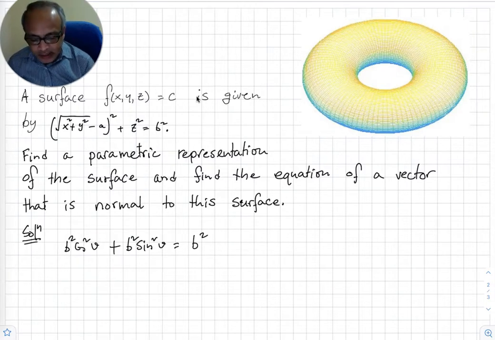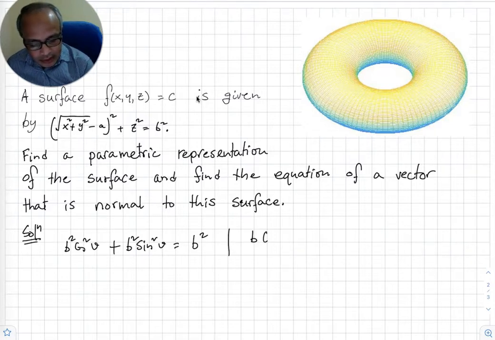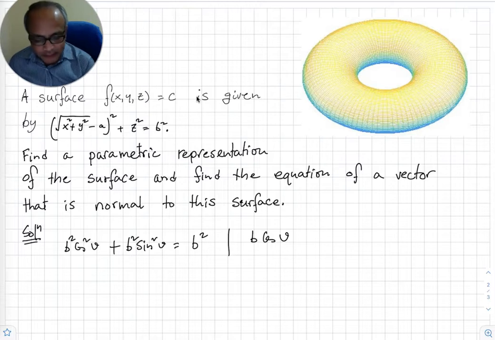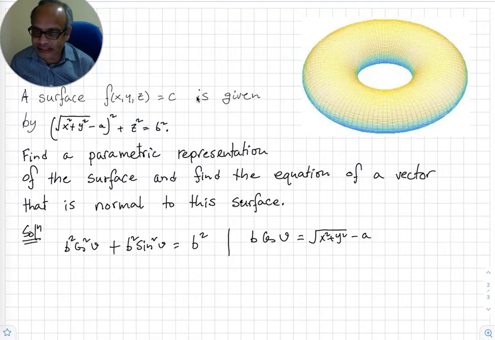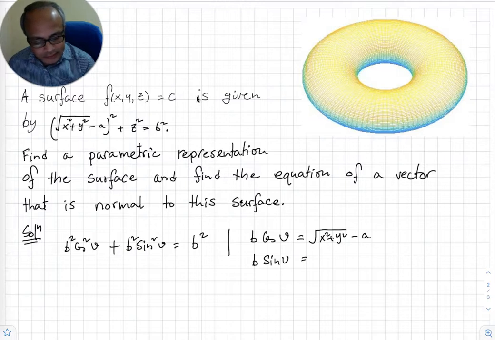It means that we have assumed here b cos v equals the first term, and on the second term b sin v equals z.